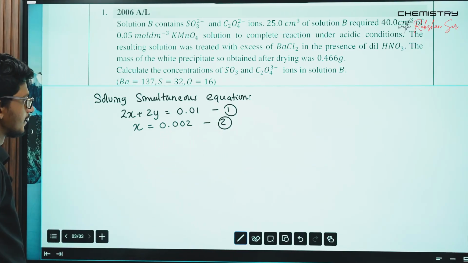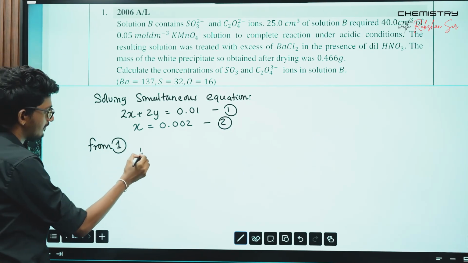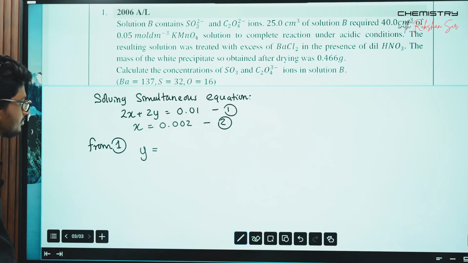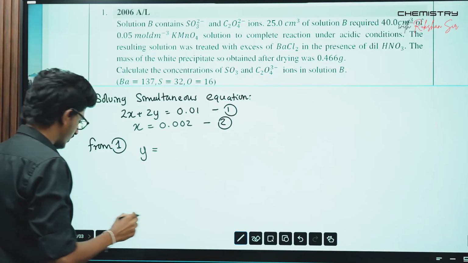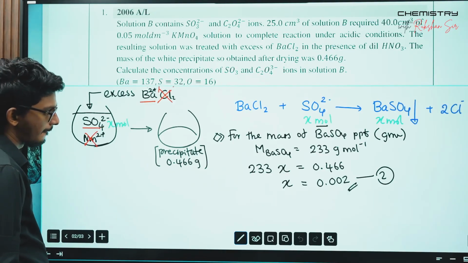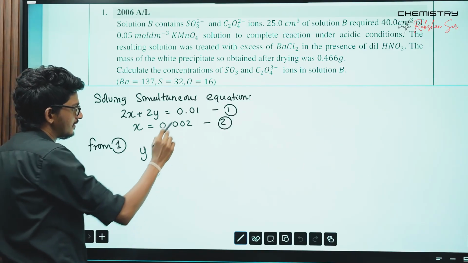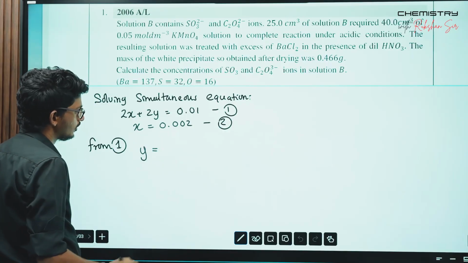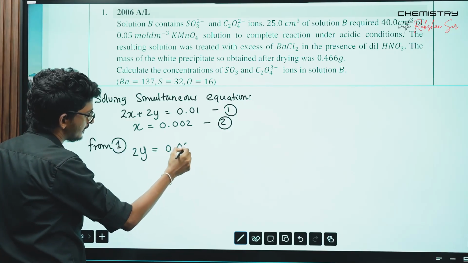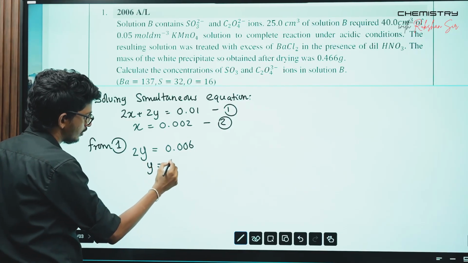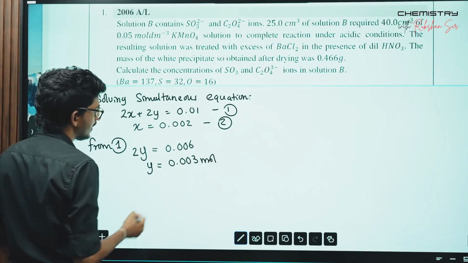So by solving from the first, we can take the y value. 2 of x means that is 0.004, so 2y is equal to 0.006, so y is equal to 0.003, right?